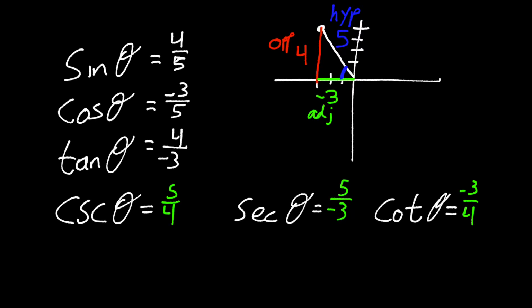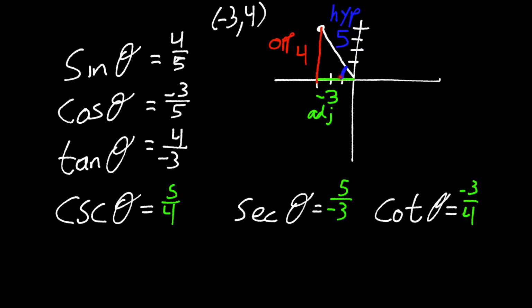Let's recap what we did. Our point was originally (-3, 4). Okay, so we plotted that point first. We connected that point to the origin, and then we also connected that point straight down to the x-axis. That gave us a triangle shape.